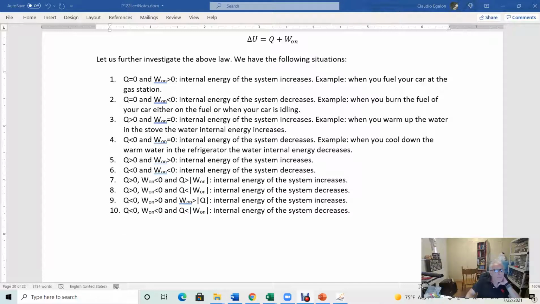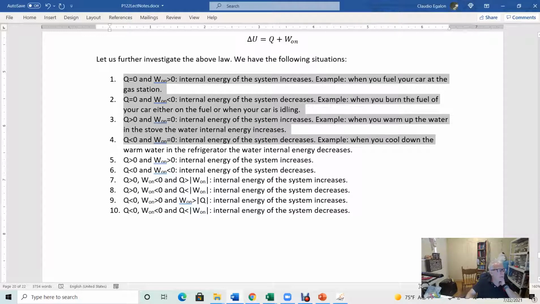So those are the 10 possibilities that you're going to see out there for this equation. It all depends. You can have Q equal to 0 or W equal to 0, and whether the internal energy increases or decreases in those situations depends on who has a negative or positive sign, right?